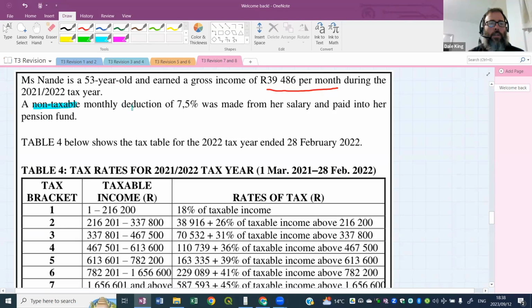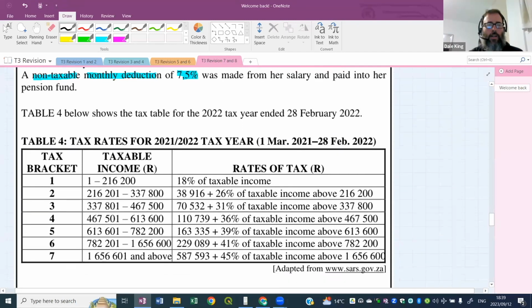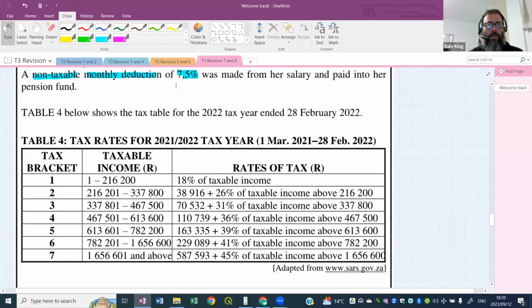So that must not be taxed. It's non-taxable, it must not form part of this calculation. Table 4 below shows the tax table. It's very similar, except the numbers are a little bit different. The percentages seem all the same.